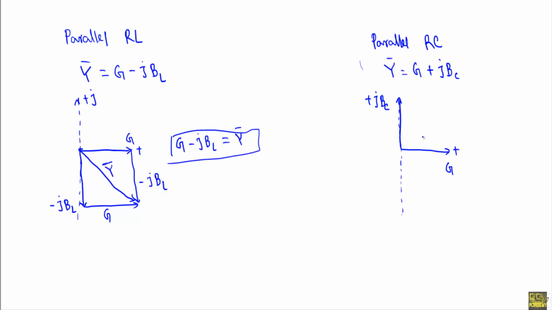Now look here, this is plus G. If I draw an additional vector from this point, that will be the equal vector of plus jBC, and an additional vector from this point will indicate the conductance G. Then if I go directly from this point to this point, that will indicate the admittance Y. Here the admittance angle phi was positive, and here the admittance angle phi was negative.